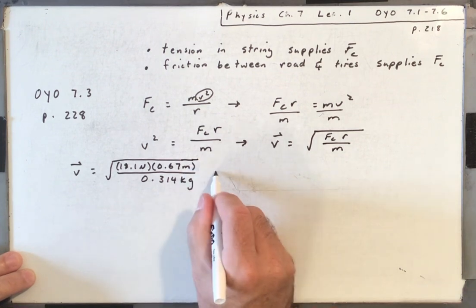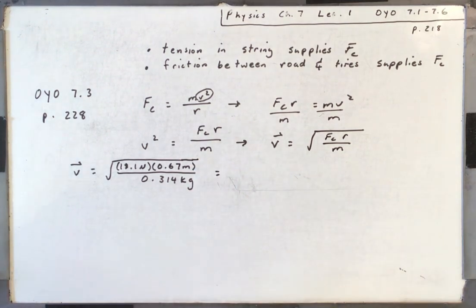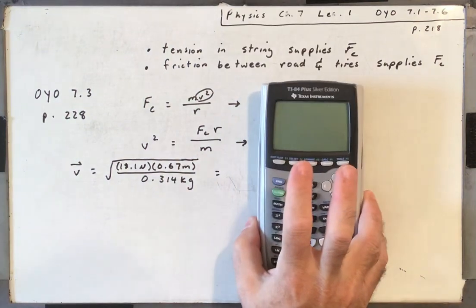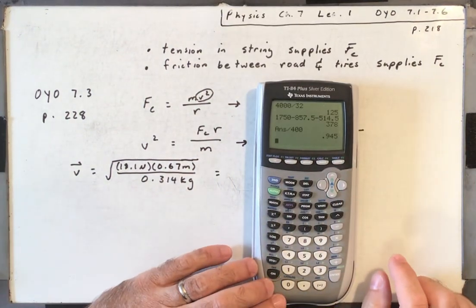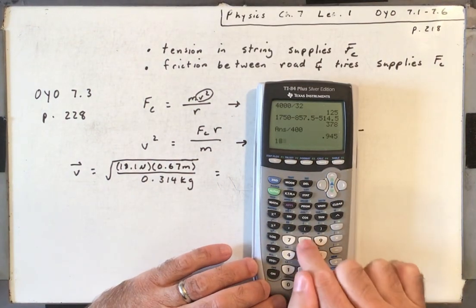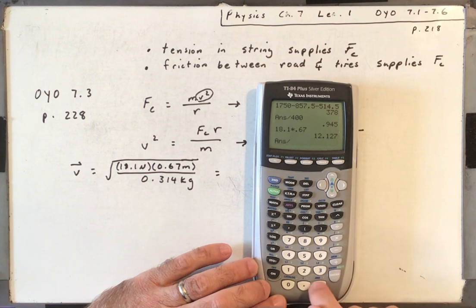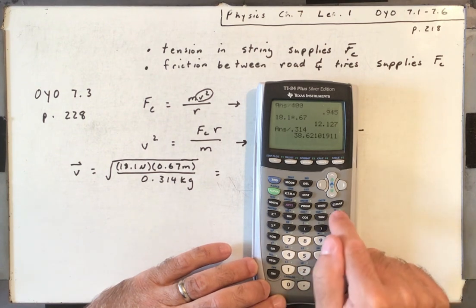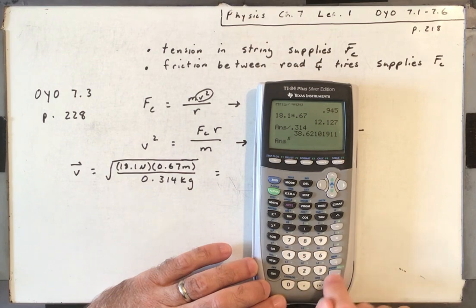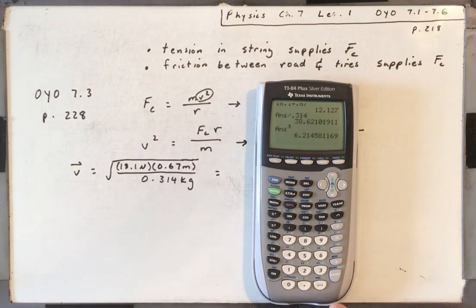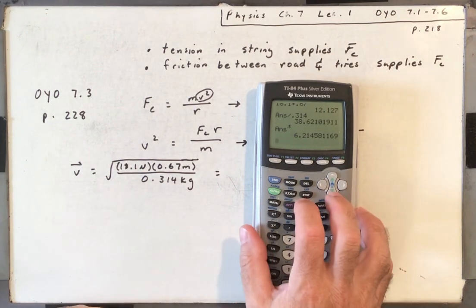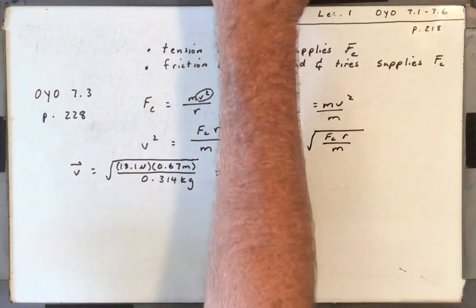And we take the square root of all that. Let's go ahead and practice putting that in our calculator. The way I would do it is 18.1 times 0.67, then hit enter. Divide that by 0.314, hit enter. And then raise that number to the 0.5 power to take the square root. So that's 6.2 meters per second.